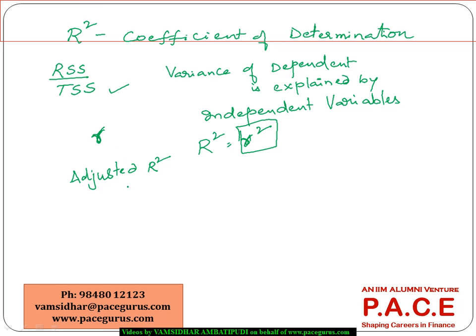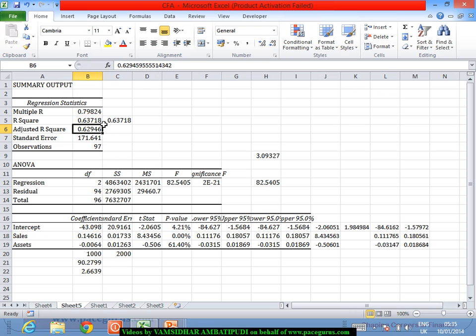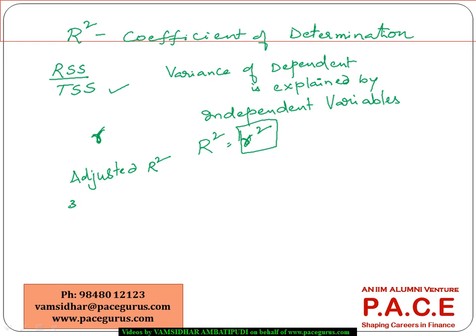Why is this adjusted r squared required? What has been observed is, when I keep adding more and more variables, let's say we had two independent variables, and now I add the third, fourth variable, and so on, r squared, because it's a positive quantity, will always keep going up.